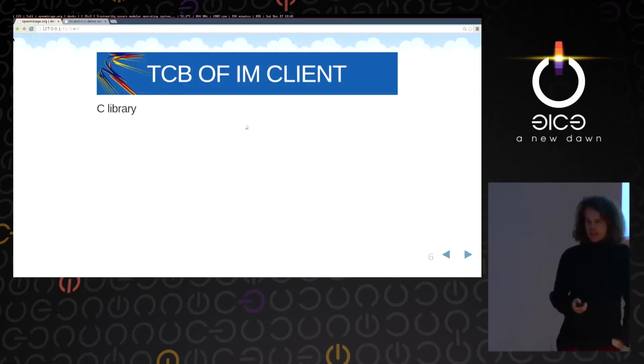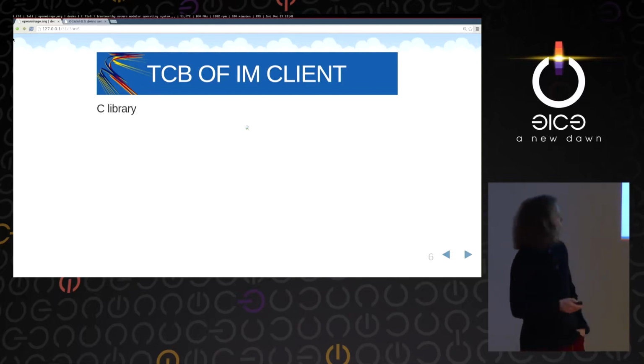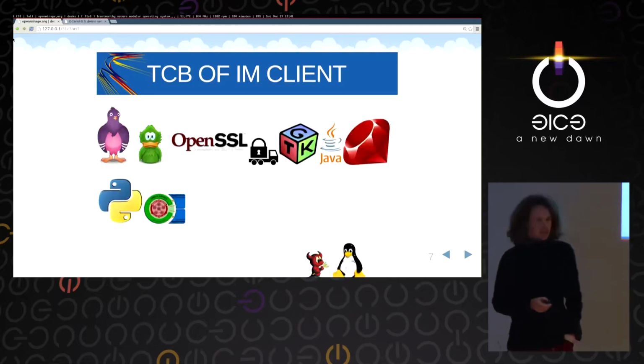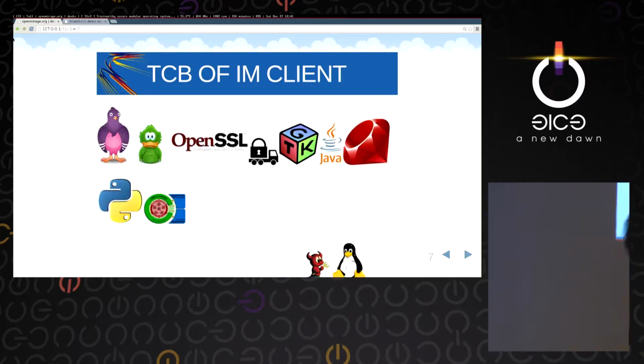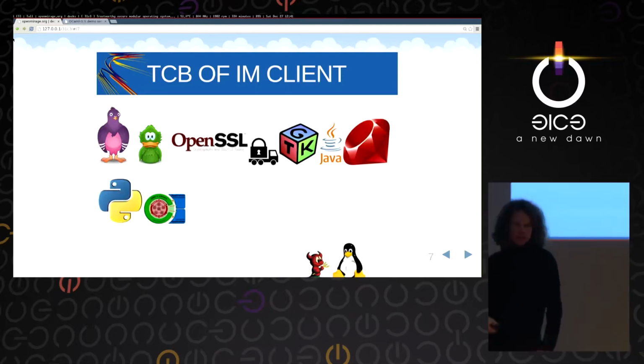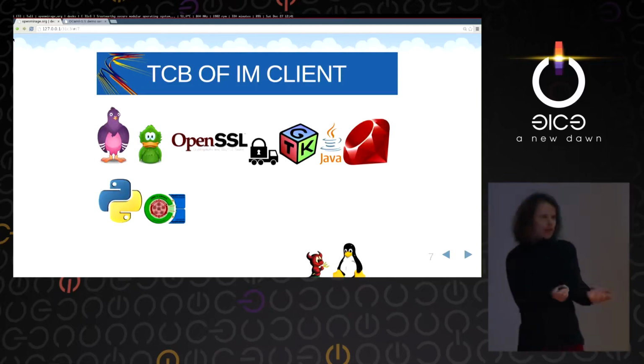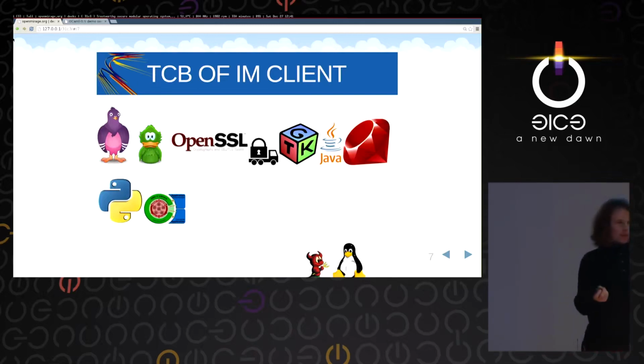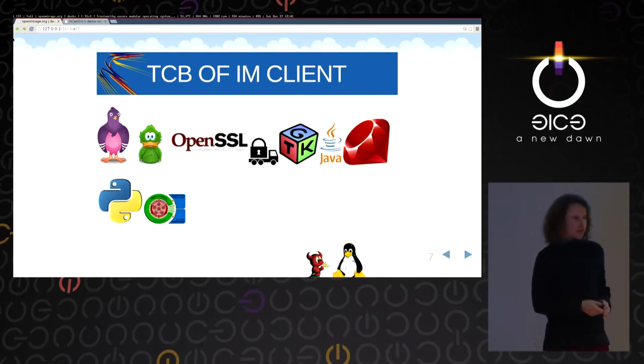We also have the big C library, which you unfortunately can't see, but you can see it a bit here. The C library is also part of the trusted computing base, because it is actually there and you execute it. It's loaded into memory. And the C library contains around 2,000 subroutines.